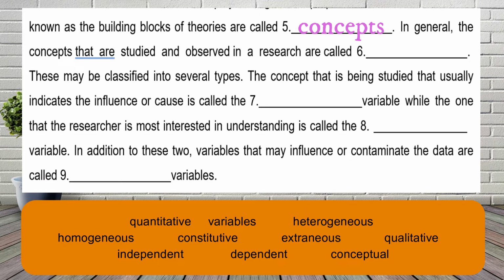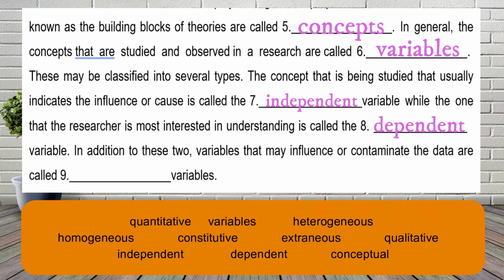In general, the concepts that are studied and observed in a research are called ___. This may be classified into several types. The concept that is being studied that usually indicates the influence or cause is called the ___ variable, while the one that the researcher is most interested in understanding is called the ___ variable.